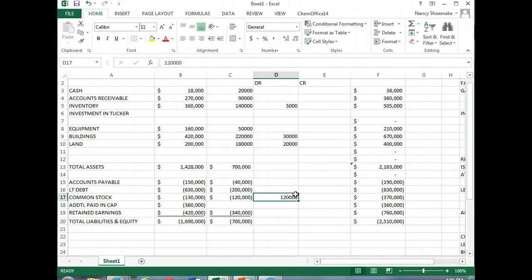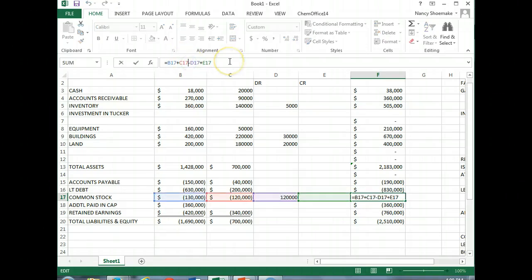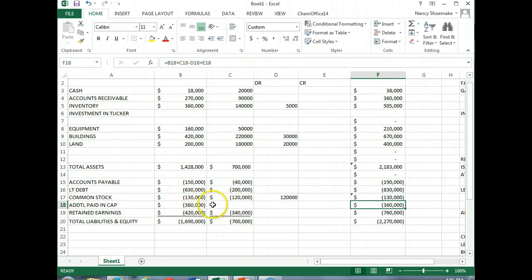What am I doing wrong there? D17 plus C17 plus D17. Okay, now our additional paid in capital should be our 360.